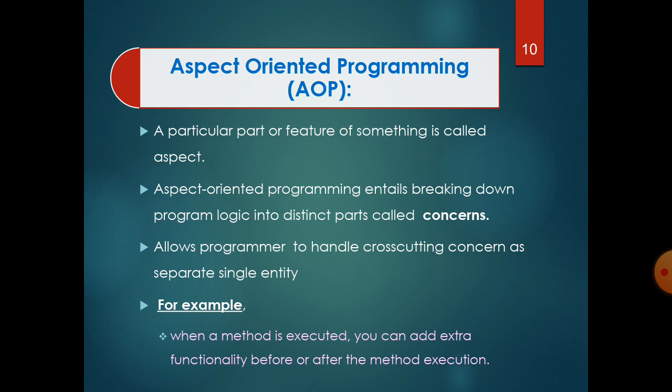So here we discussed the different paradigms of aspect oriented programming, which is an approach to software development intended to address the problem of separation of concerns, as we discussed. It makes the program easier to maintain, and it increases reusability as well.